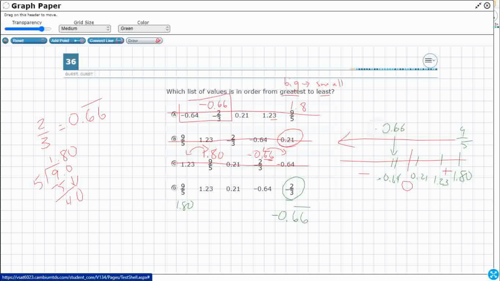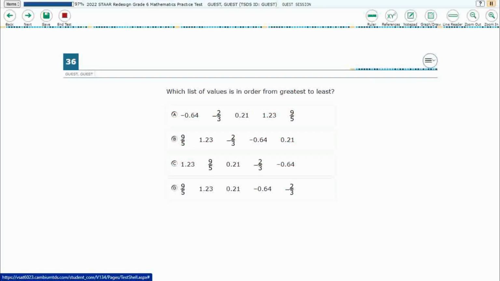But you see that it's actually a little bit farther away from 0 than the 0.64, which means it is less than, right, because it's farther away. So we are moving from our right of 1.80 all the way over to our left of 0.66 negative. And so, yeah, that works. So our answer here is going to be D.